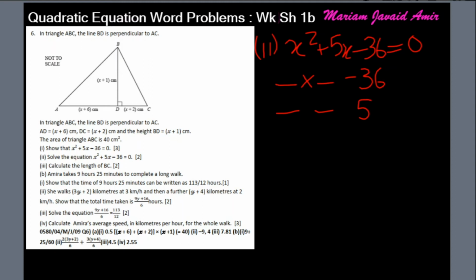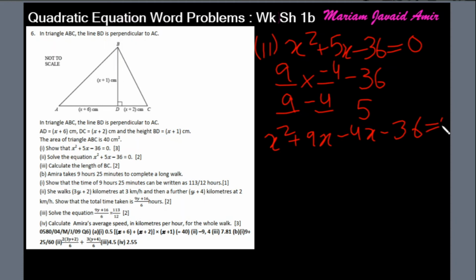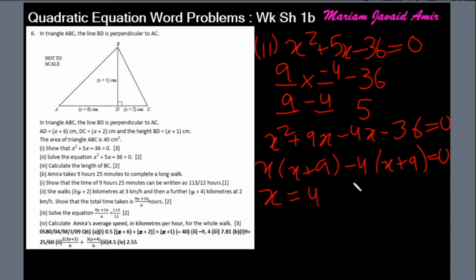We get 36 from 6 times 6, but that won't give us 5, and also from 9 times 4. So 9 times minus 4 is minus 36 and 9 minus 4 is 5. So x square plus 9x minus 4x minus 36 equals 0. x is common, x plus 9, minus 4 is common, x plus 9 equals 0. We're getting two answers, one is 4 and the other one is minus 9.